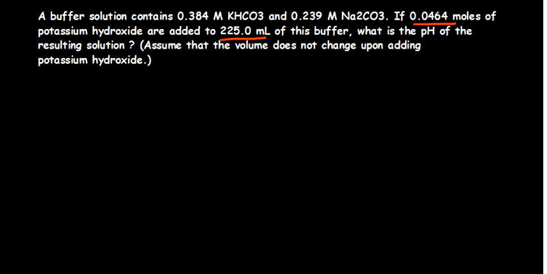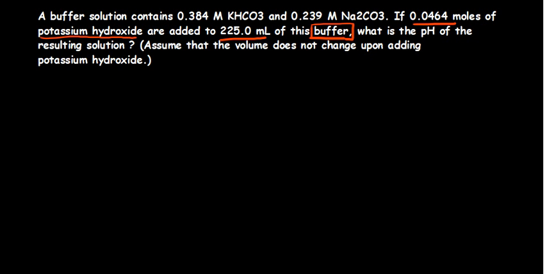Assume that the volume does not change upon adding potassium hydroxide. Of course, that is a very basic term and very key. We are told a buffer, so there is addition of potassium hydroxide to our buffer.